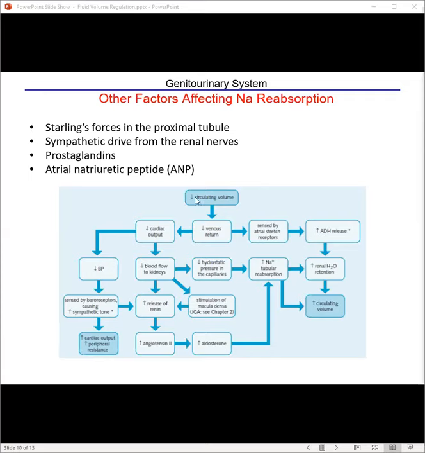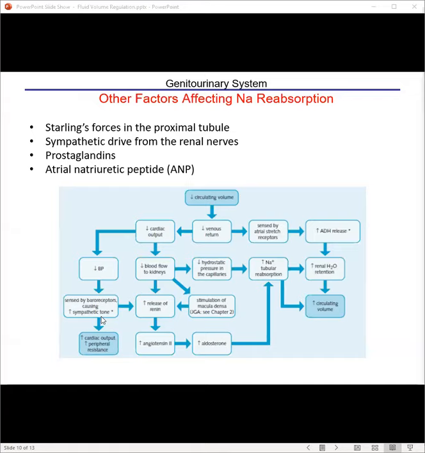So for instance, you have a decreased circulating volume, and this will have decreased BP. Kasi syempre mababa yung amount of fluid in the blood vessels, so there will be decreased blood pressure. So this is sensed by the baroreceptors in the walls of the arteries, and this will lead to an increase in sympathetic tone.